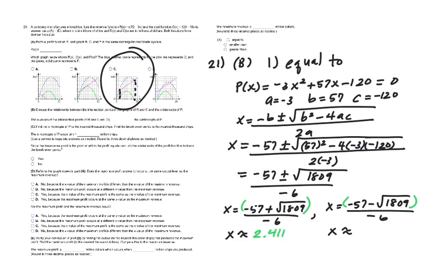And for negative 57 minus the square root of 1809 divided by negative 6, here I get 16.589.